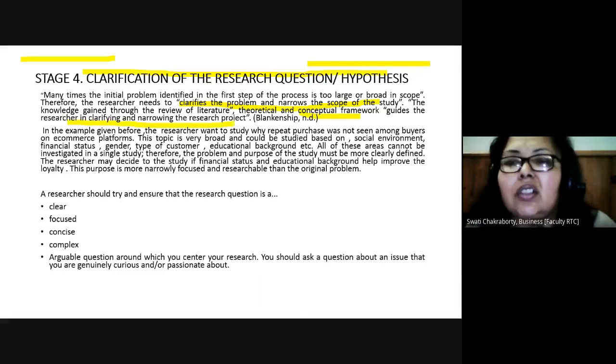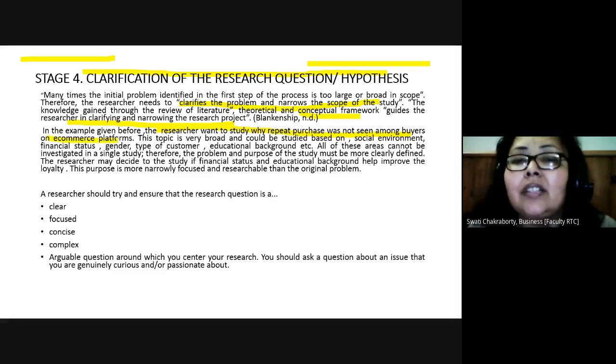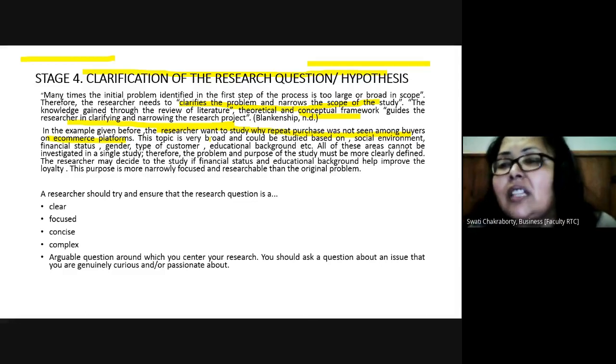the research project. So in the example that we just gave, the researcher wants to study why repeat purchase was not seen among buyers on economic platforms. That was it, right? And that's too broad and could be studied based on social environment, financial status, gender, type of customer, economic background.